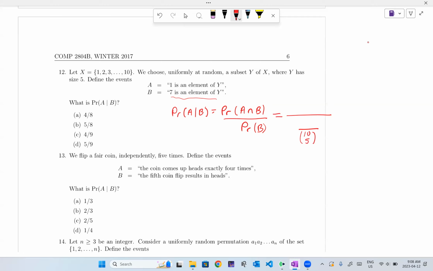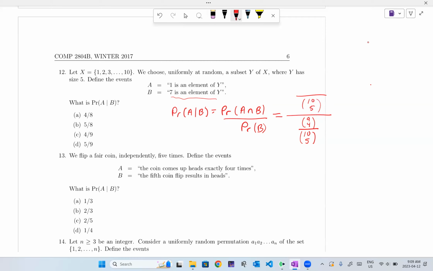So counting B, I first choose my 7, and then I have 4 elements left, and I have 9 to choose from. Right, so I want to complete my set of 5 by choosing 4 other elements other than 7 from the 9 remaining. A intersect B is going to be similar. It'll be something over 10 choose 5.